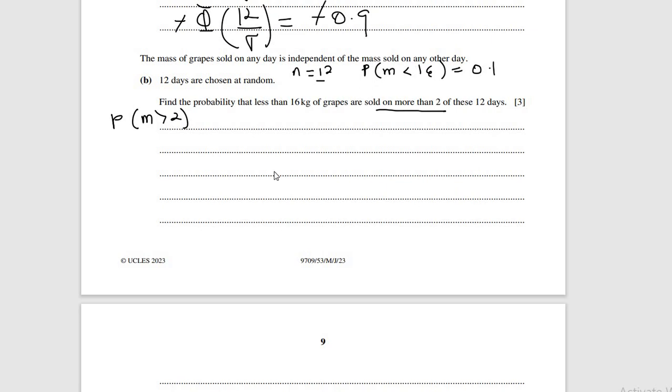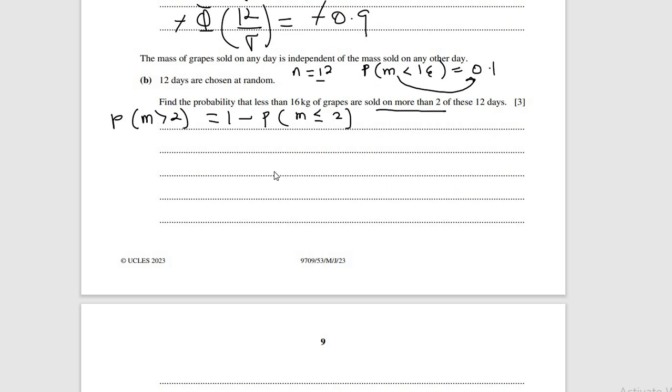The probability of less than 16 kg of grapes from the previous question is 0.1, on more than 2 of these 12 days. Of course, you know the probability of more than 2 means 1 minus the probability of less than or equal to 2.